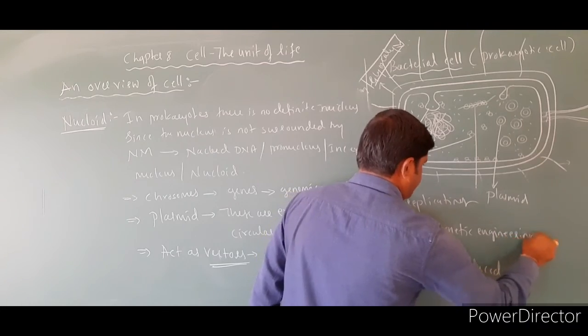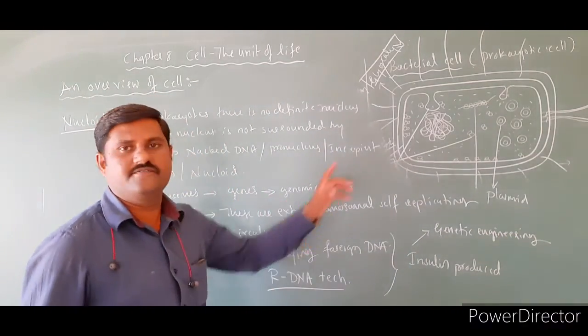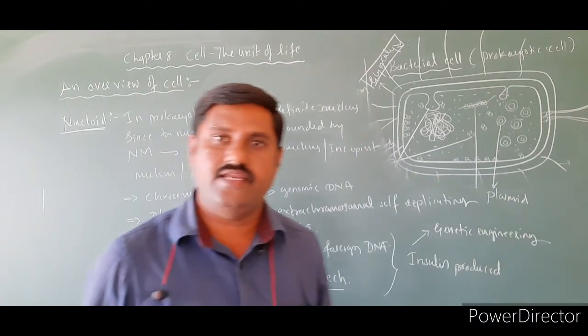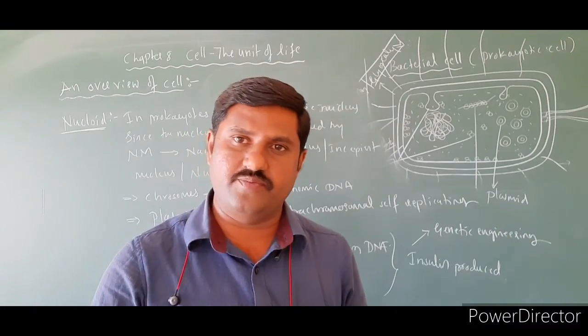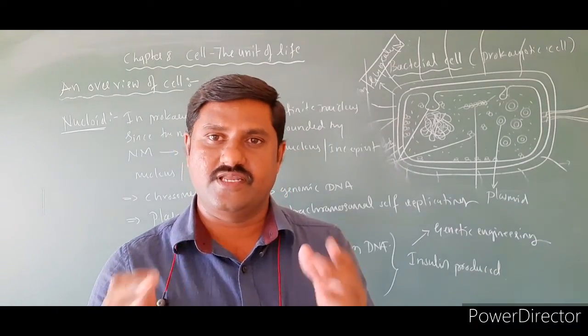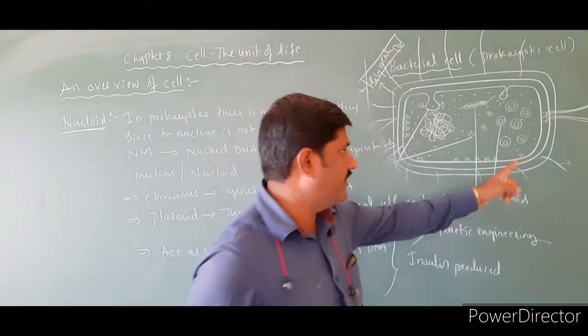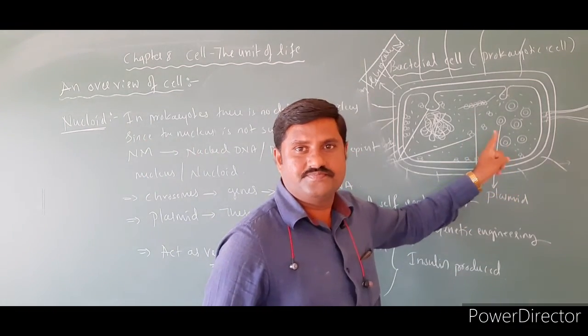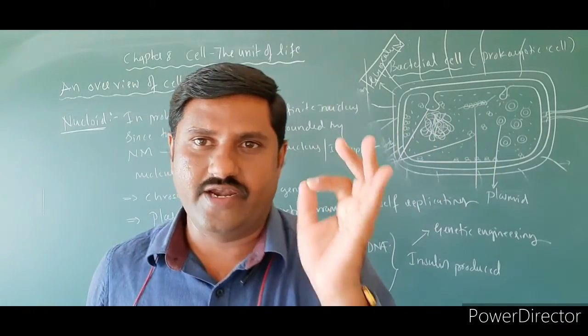So that is the use of these plasmids, right? So plasmids are nothing but extra chromosomal self-replicating circular DNAs, right? These are also present inside the bacterial cell or the prokaryotic cell.